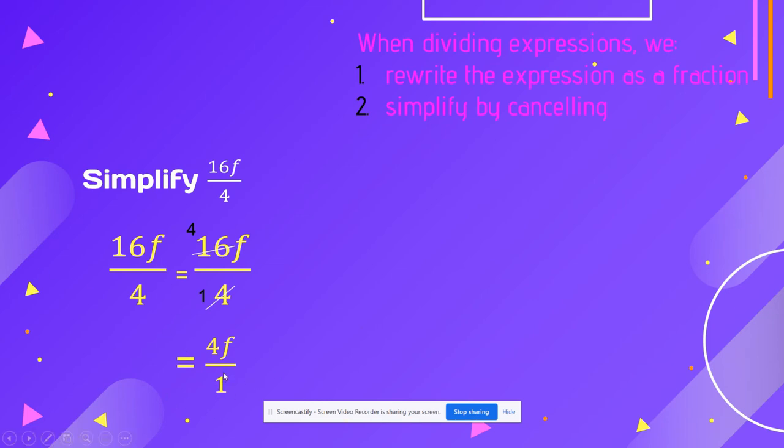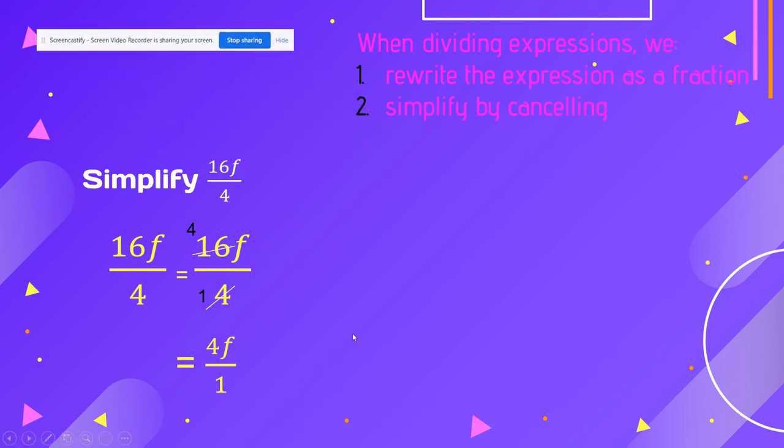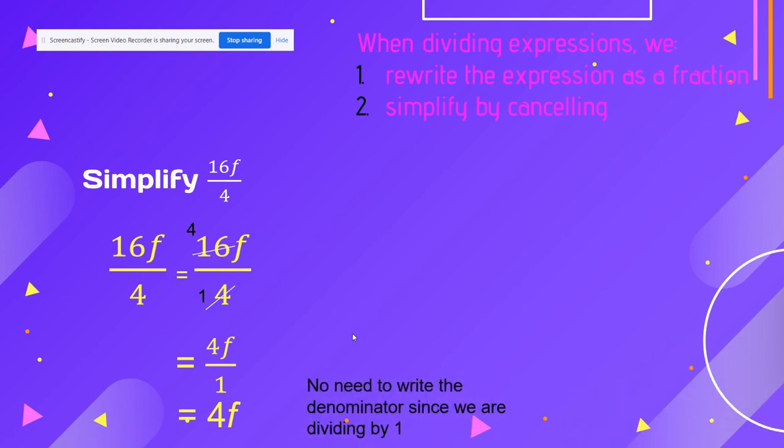As soon as something is over 1, we lose it completely, because anything divided by 1 is itself. So the answer would be 4f. No need to write the denominator since we're dividing by 1. So you lose the divide by 1.